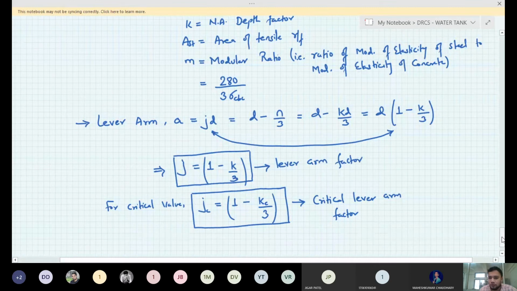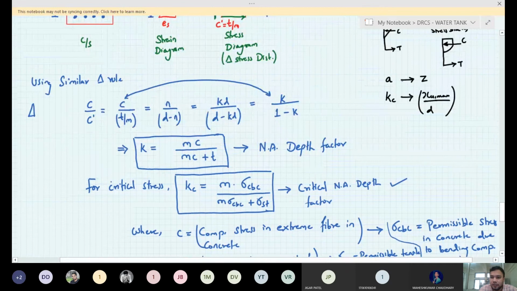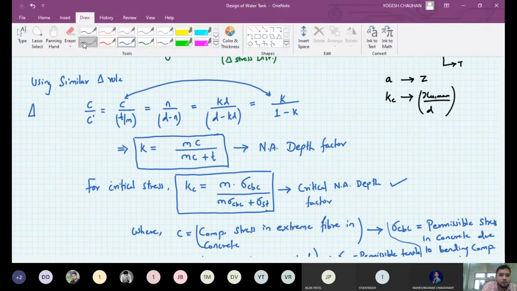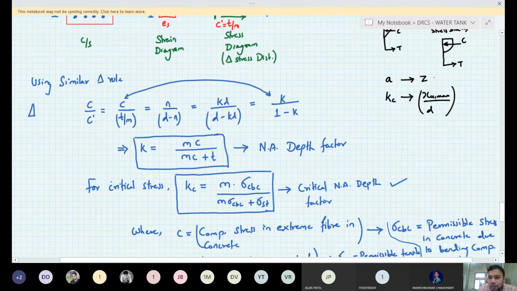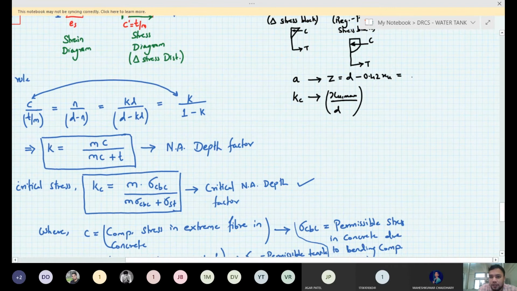Okay. Now if you see the limit state philosophy, this A is analogous to Z. And if you remember, the value of Z was D minus 0.42 XU. So it can be written as D times 1 minus 0.42 XU by D in limit state philosophy.